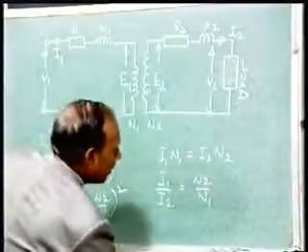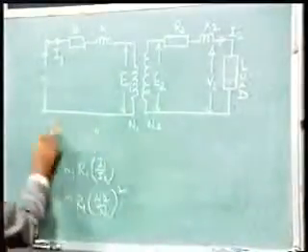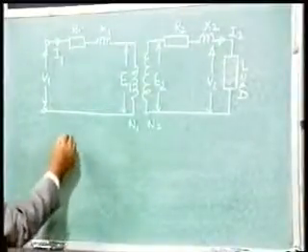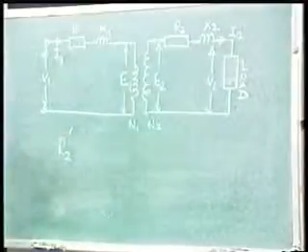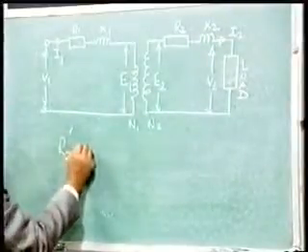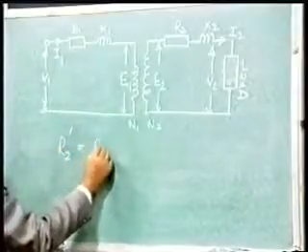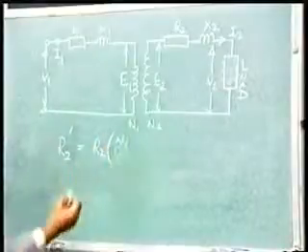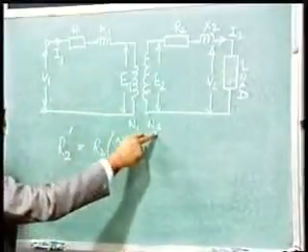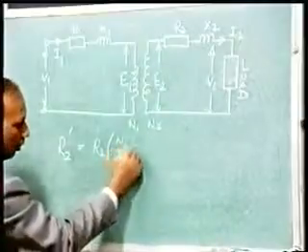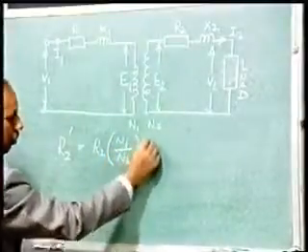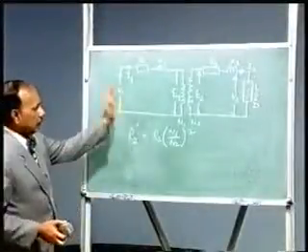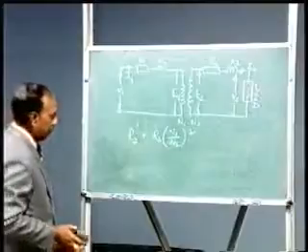Let us see. R2 referred to the primary side will be R2 single dash, equal to its own value R2 times N1 by N2 whole square, since you have referred to the primary side whose number of turns is N1, and you have referred from the secondary side whose number of turns is N2. So this is how the circuit resistances could be transferred from one circuit to the other.